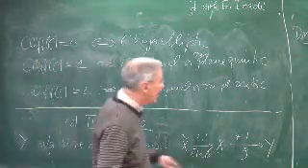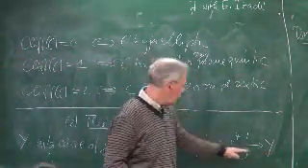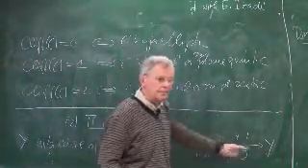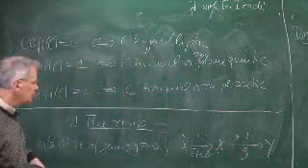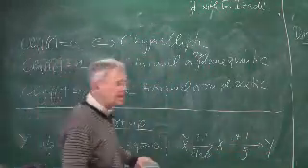In Donagi's case, this was P1. So there we have an étale double cover of P1, so a tetragonal curve.